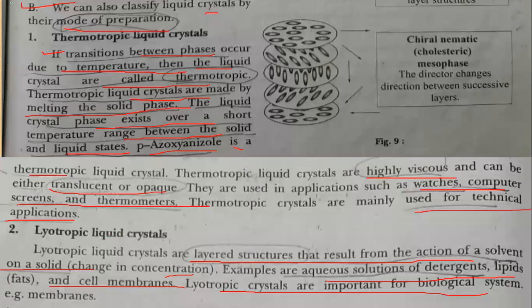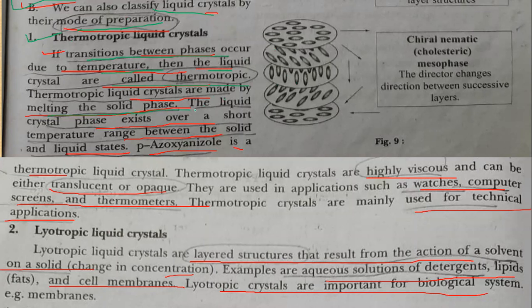So again, that can be classified on the basis of heat. So thermotropic liquid crystal. If the transition between phases occurs due to temperature, then the liquid crystal is called thermotropic. They are made by melting the solid phases.